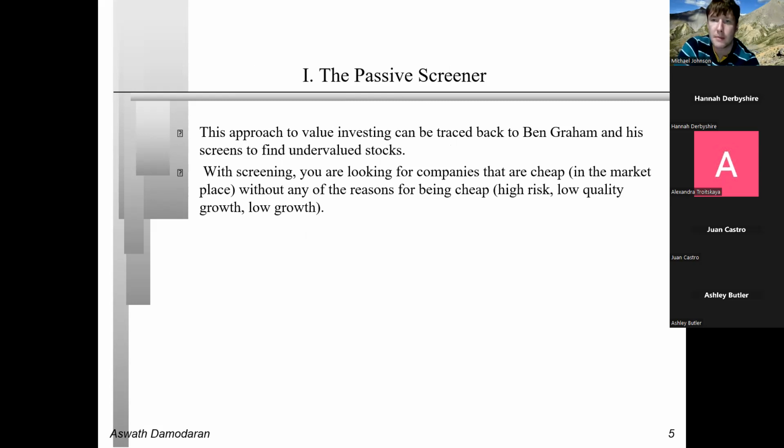The passive screener was used by Ben Graham, who was Warren Buffett's mentor. You have to look for companies that are cheap in the marketplace without any of the reasons for being cheap: high risk, low quality, low growth. So look at those reasons there.